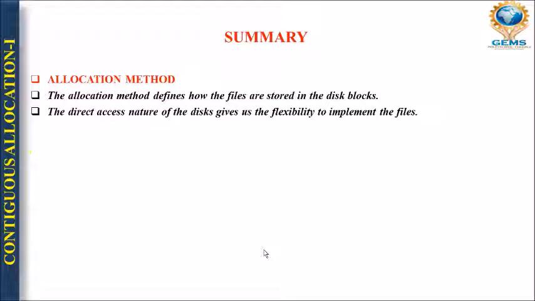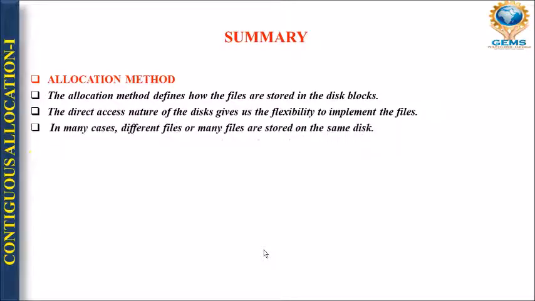That means if the files are stored in a sequential manner, they will be easily accessed. In many cases, different files are stored on the same disk. It is very important: it is not necessary that similar types of files are stored together. Several other files of other formats can also be stored on the same disk.